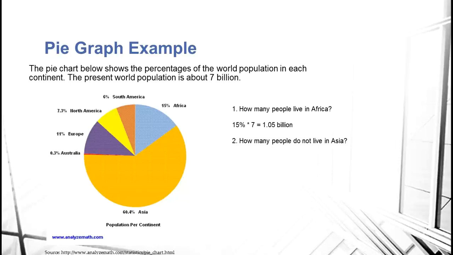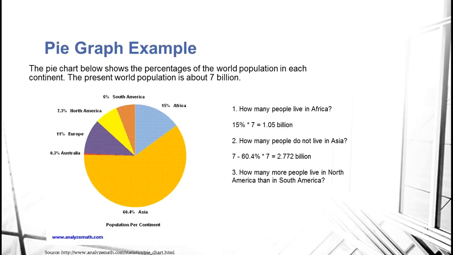And the reason I say this is because if you look at this pie graph, they've asked you how many people don't live in Asia, but then there are 1, 2, 3, 4, 5 other data points on this graph, and it would take you a long time to do the calculations for each of those and add those up. And that's not what they're looking for. They're looking for you to do this quickly. So exactly what we just went through, 7 billion minus the amount that do live in Asia, and that gives us about 2.77 billion.